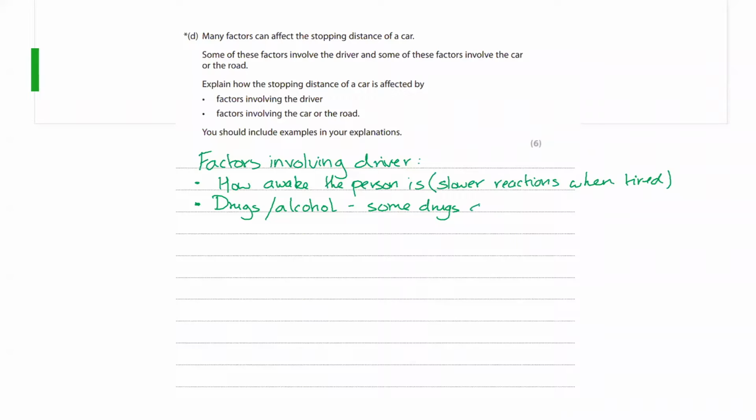So some drugs and all alcohol increase reaction times.